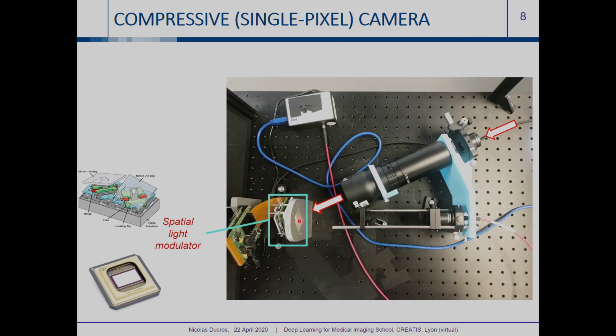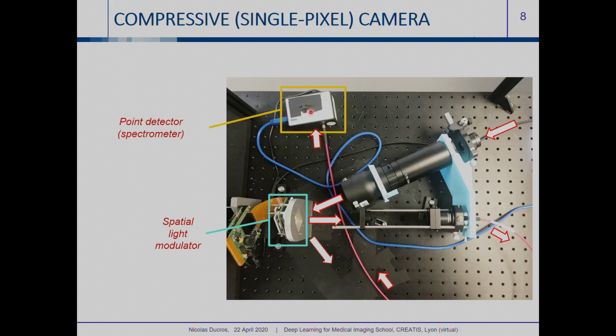In one state it will reflect light towards the optical fiber here, and in the other state it will not reflect it towards the optical fiber. And this optical fiber here is connected to a spectrophotometer that can measure the light spectrum.